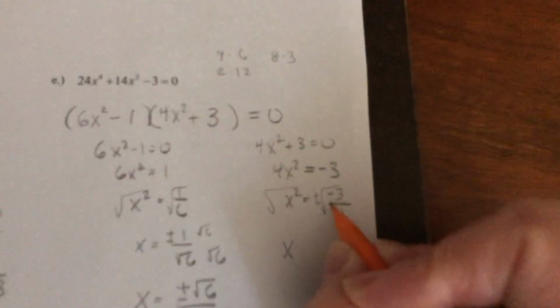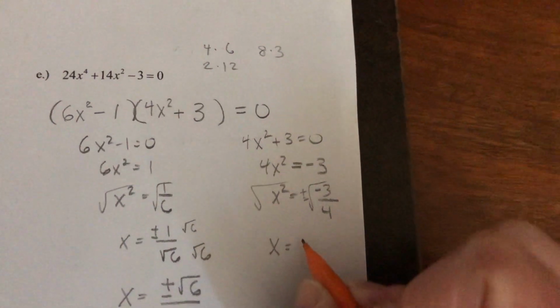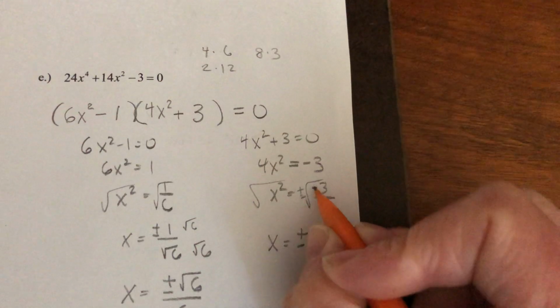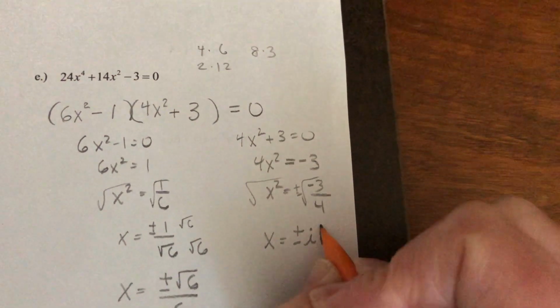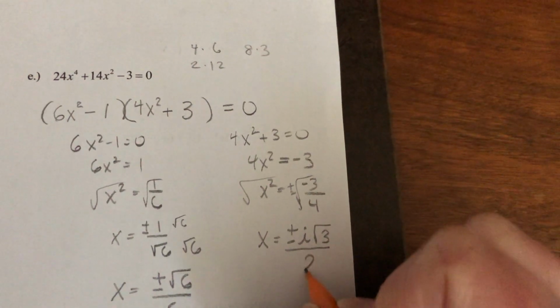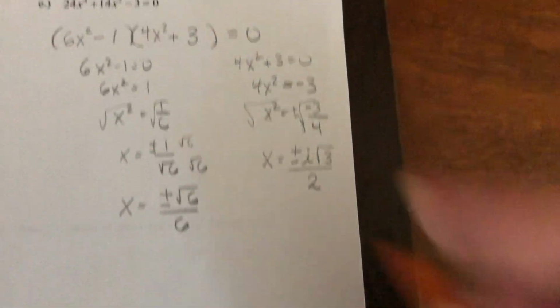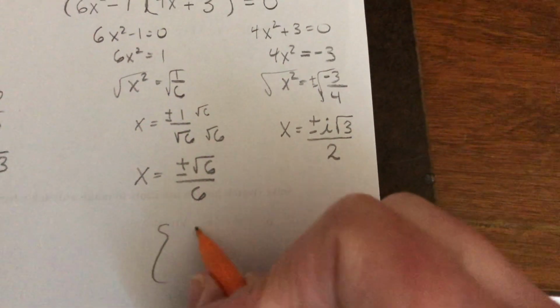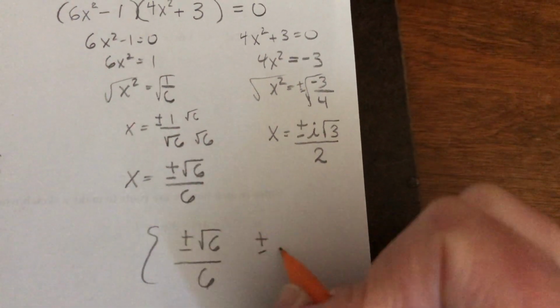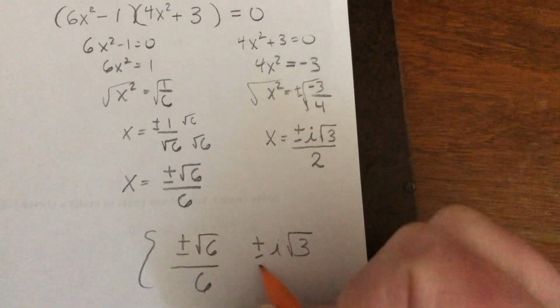Notice we have imaginary numbers coming into play here. So it's going to be positive or negative i, because we have that square root of a negative, and then root 3, make sure, and then the square root of 4 is 2. So my solutions would be here, plus or minus root 6 over 6, and then plus or minus i root 3 over 2.